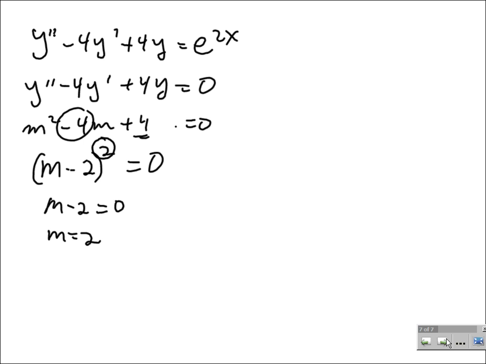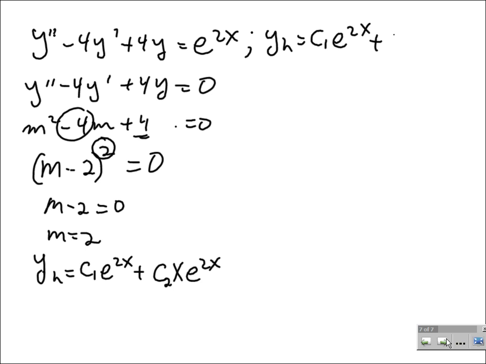But the multiplicity is 2. That is, you don't just get c1 e to the 2x. You have to get c1 e to the 2x times x. And we don't use c1. We use a different constant, c2. So that is the homogeneous solution.